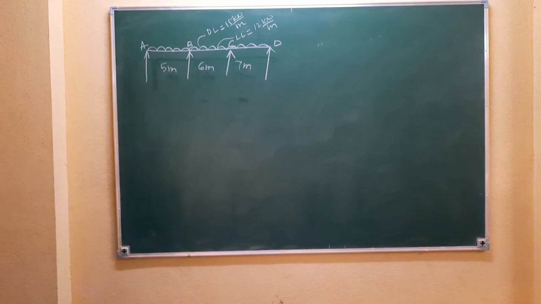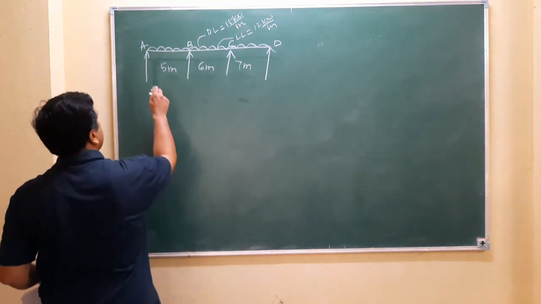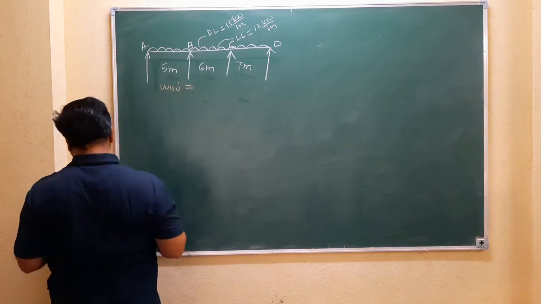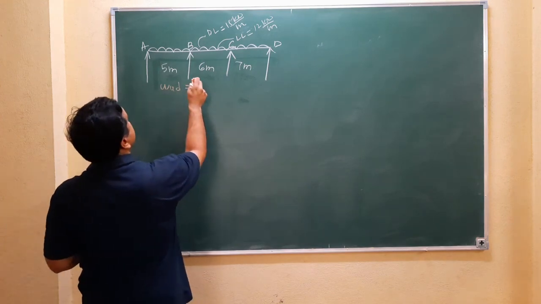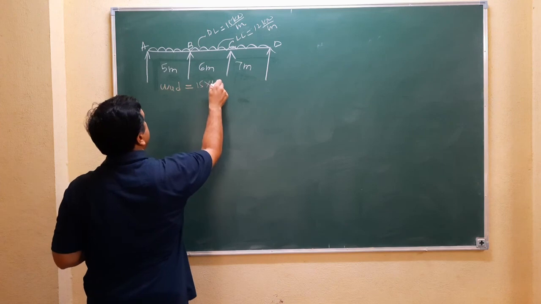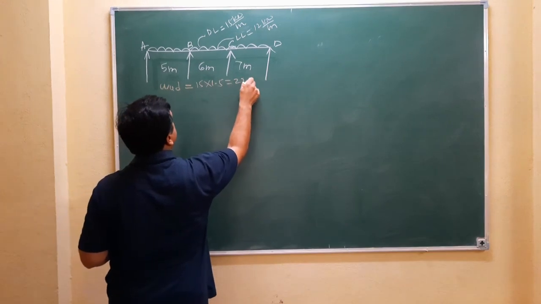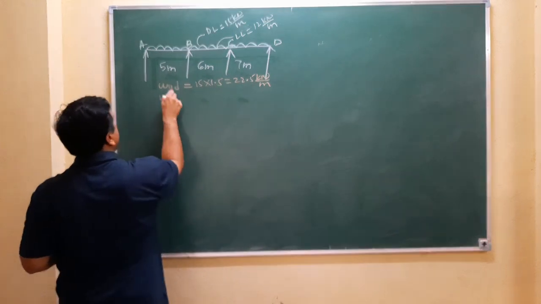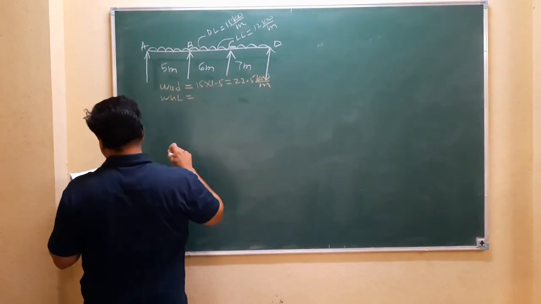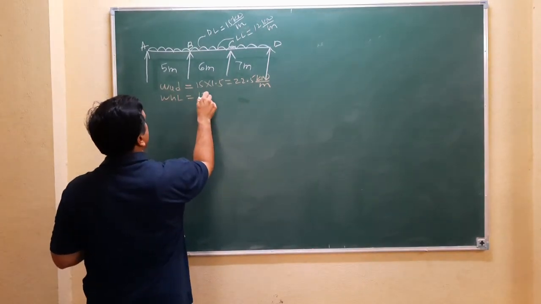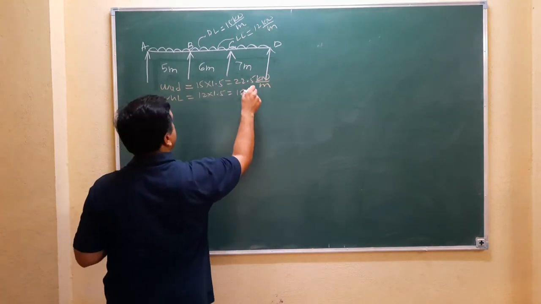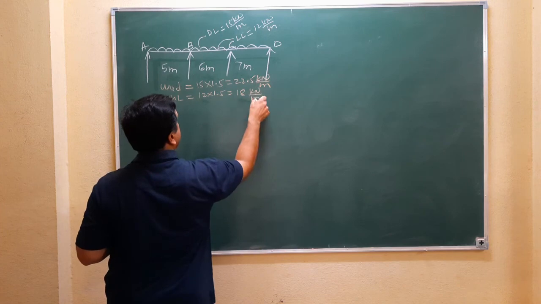Now the ultimate dead load is 15 into 1.5, this is 22.5 kilonewton per meter. And ultimate live load is 12 into 1.5, it is 18 kilonewton per meter.